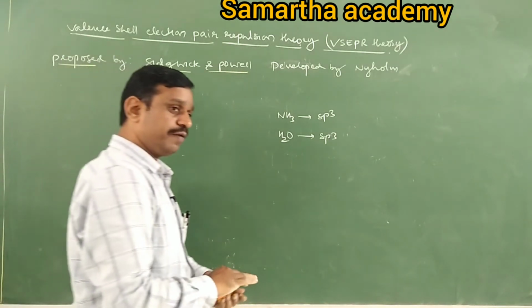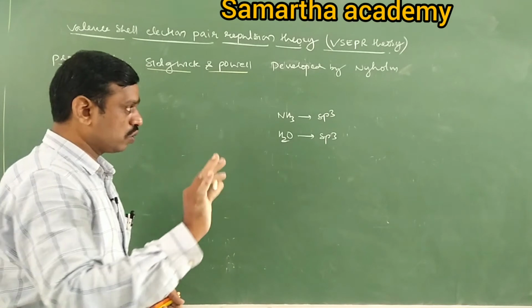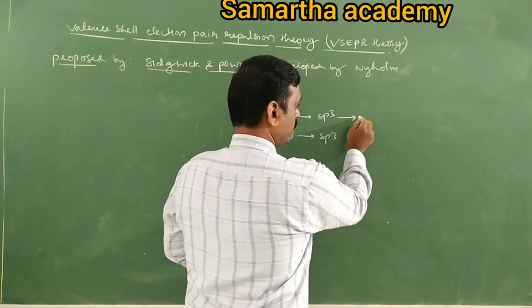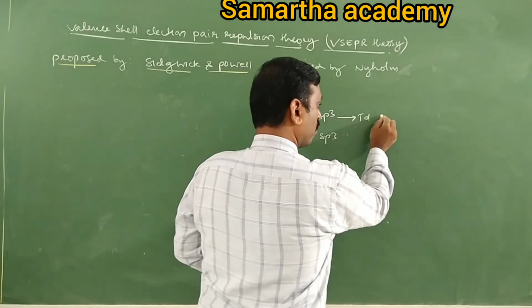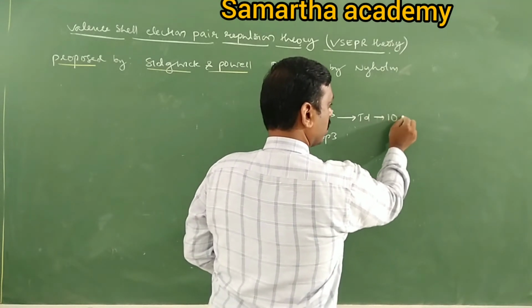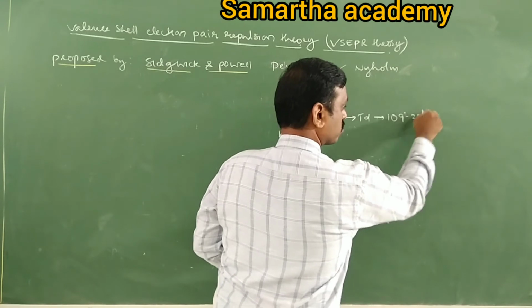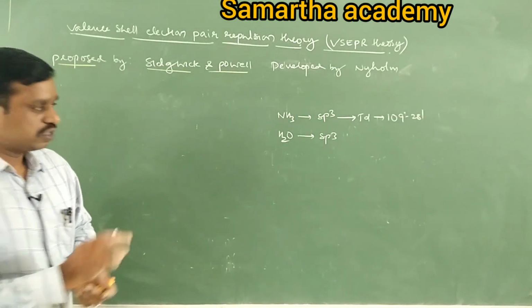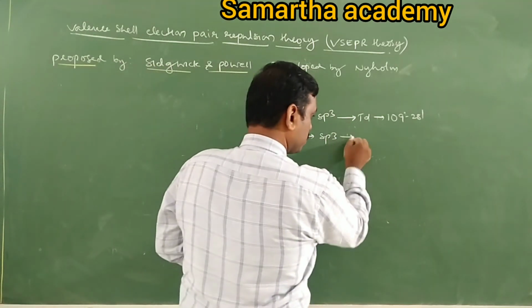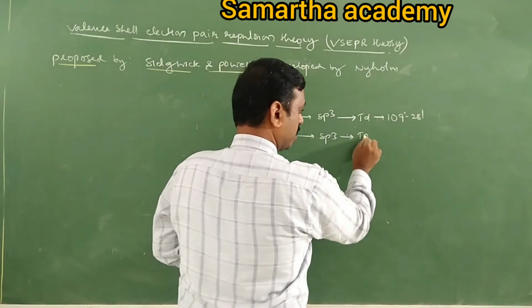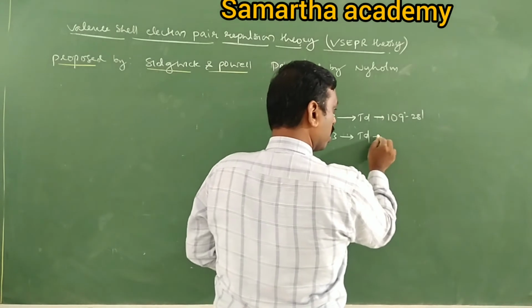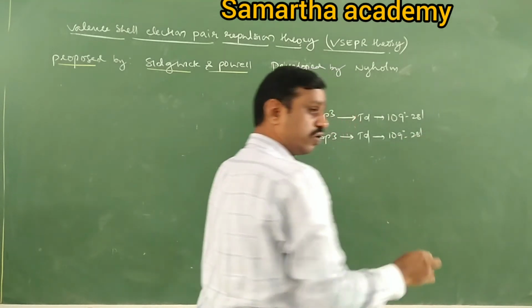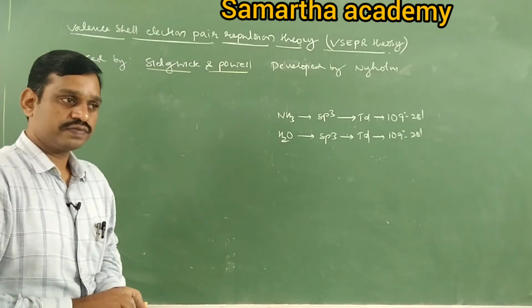But according to VBT, if any molecule undergoes sp3 hybridization, its geometry should be tetrahedral and its bond angle should be how much? 109 degrees 28 minutes. We have studied this in tetrahedral geometry, in sp3 hybridization. Similarly, water also undergoes sp3, so it is supposed to have tetrahedral geometry and a bond angle of 109 degrees 28 minutes. This is according to VBT, right?